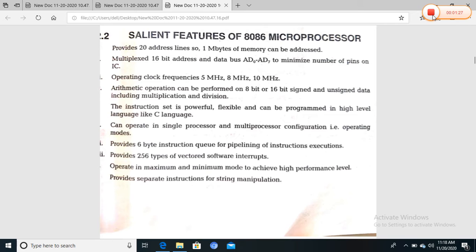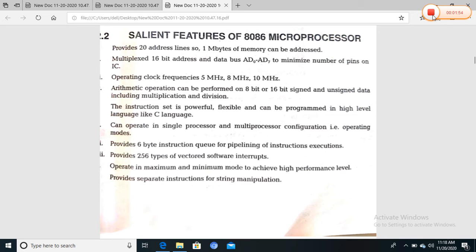Out of 20 address lines, 16 address lines are multiplexed with the data lines, named AD0 to AD15, and the remaining 4 address lines are multiplexed with status signals. So 8086 is a 16-bit microprocessor having 20 address lines, and memory access is 2 raised to 20, which is 1 MB.